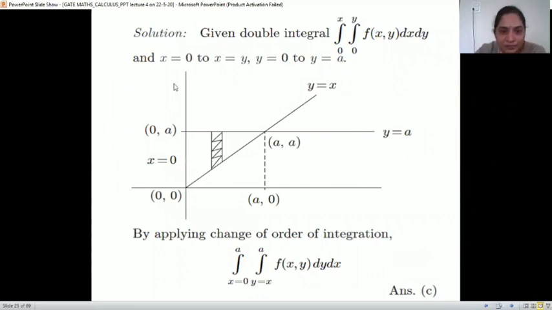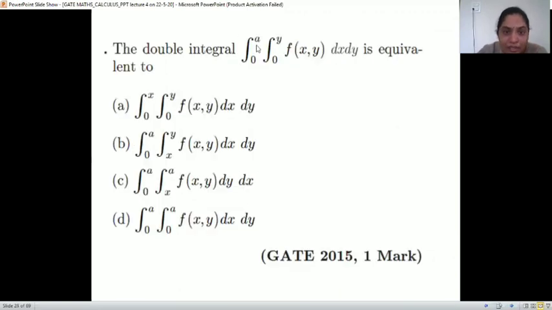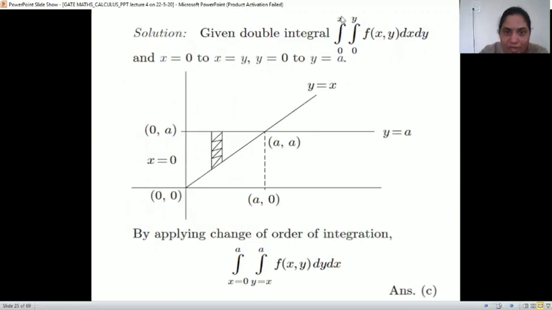So given things: these are limits of x, x is 0 to y, and y is 0 to a. Sorry, it is a, not x. So draw them. x is 0, the y axis; y is 0, the x axis; x is y, this is the line x is y; and y is a, parallel to x axis, this is the line y is a.